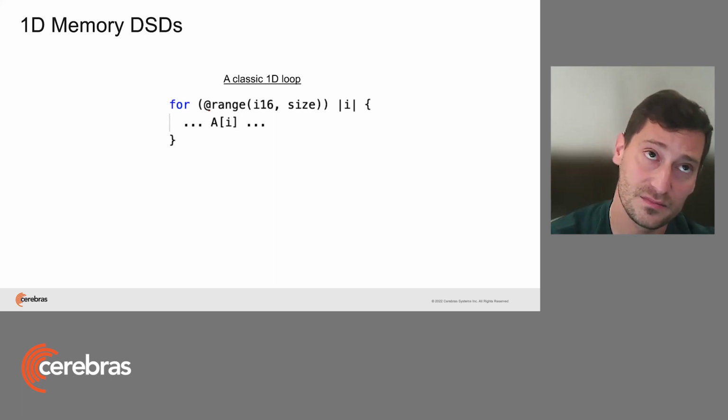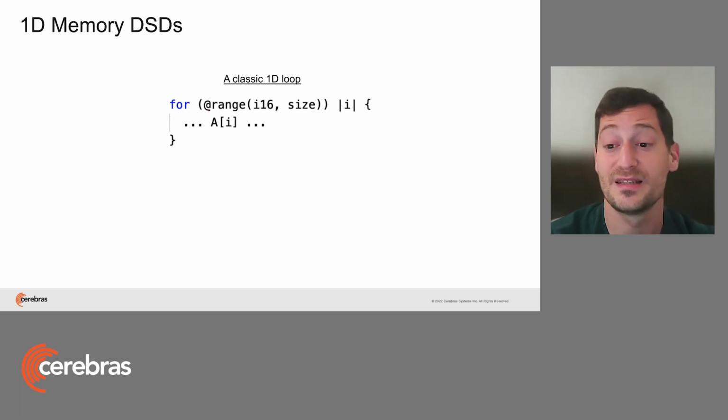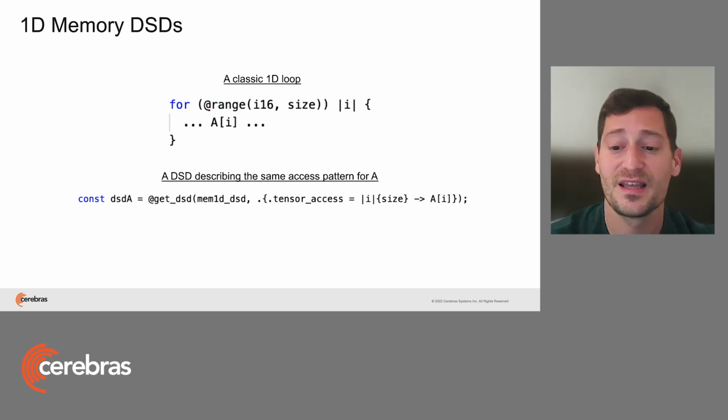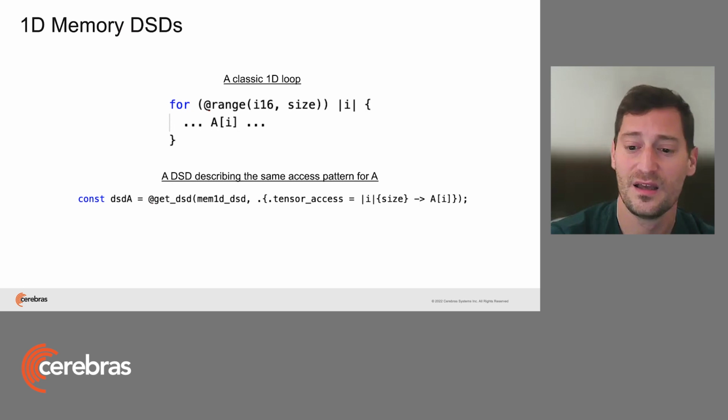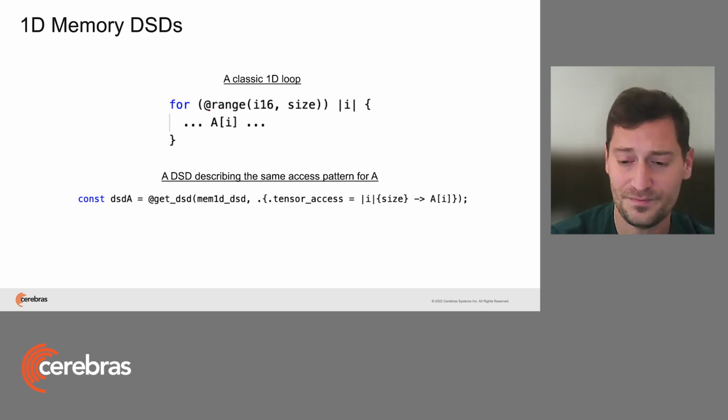A data structure descriptor, or DSD, is essentially a description of that access pattern for the memory buffer A. And we can create DSD values, as you see in this code snippet there, using the getDSD built-in.